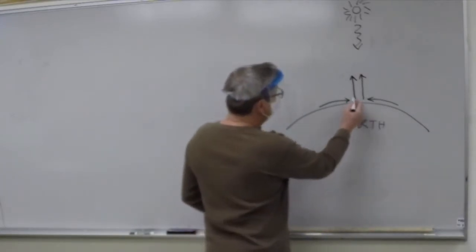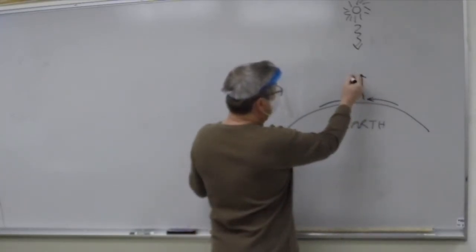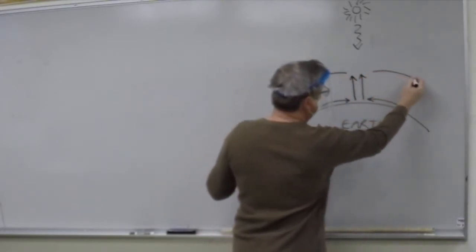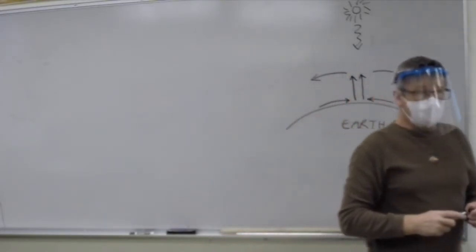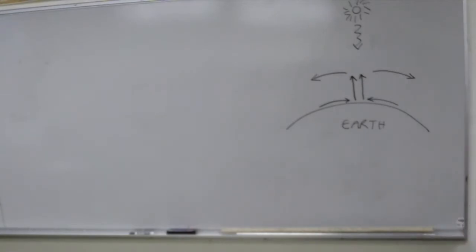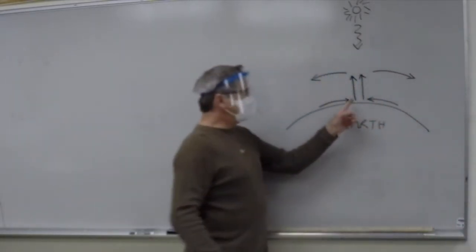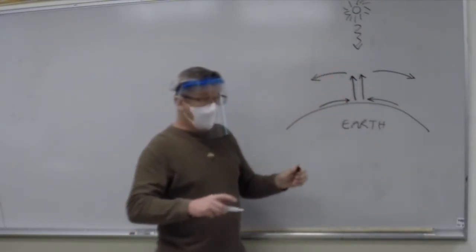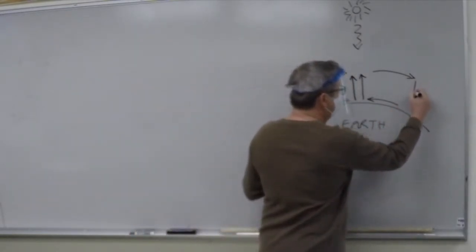Well, eventually this air gets high enough that it can't rise any higher, and it spreads out to either side. So the air is spreading out to either side when it reaches a certain point in the atmosphere. And as it's spreading out, it's cooling down. And just as the hot air rises, the cool air must sink back down. It must fall back down, huh?